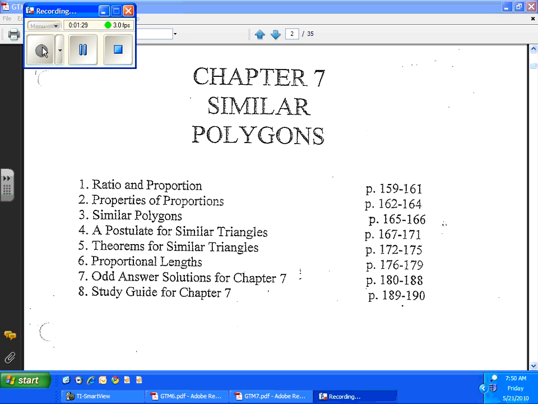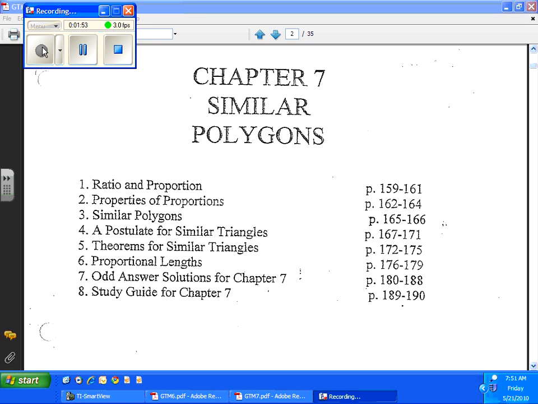We're going to begin this chapter with the basics of ratio and proportion. We'll get into the properties of proportions, and then we'll get into, in Unit 3, similar polygons. Then we're going to learn how to prove that polygons are similar by several different methods.